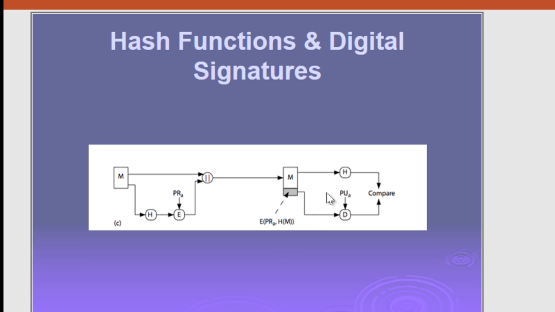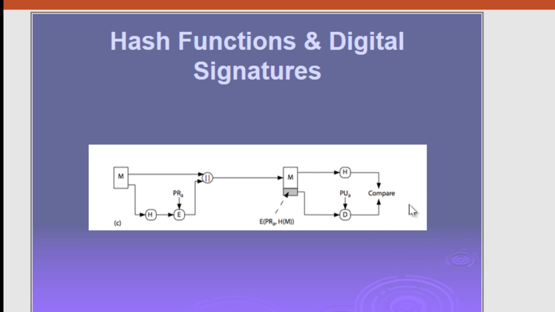What the receiver does is calculate the hash value, just like the sender calculated the hash value. He also decrypts the hash code which he received, using the public key of A. Then he compares whether the calculated hash value is the same as the decrypted hash value.